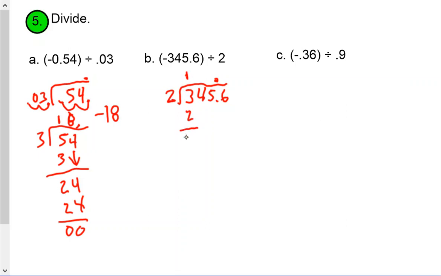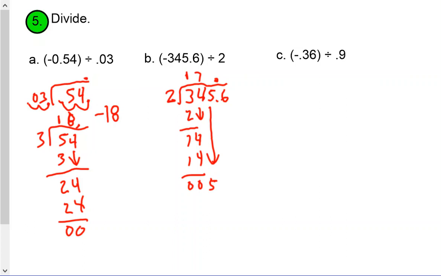and we'll be left with 1. Bring down the 4. 2 goes into 14 7 times. Now we've got 0. Alright, now we can bring down the 5. How many times does 2 go into 5?